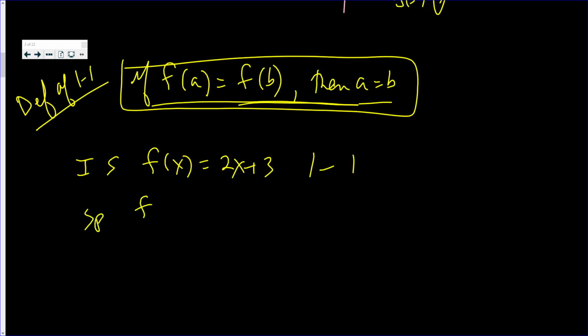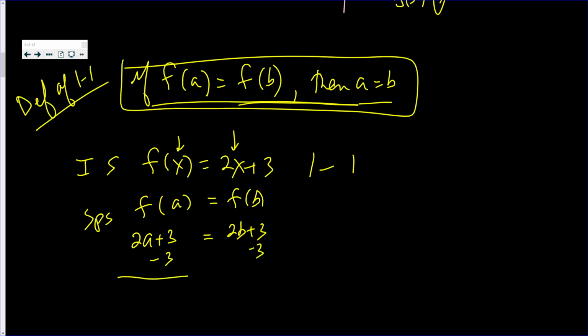Suppose f of a is equal to f of b. For f of a, I replace x with a. That is 2a plus 3. That's f of a. And this is equal to f of b, which is 2b plus 3.